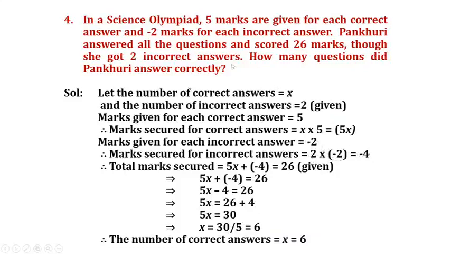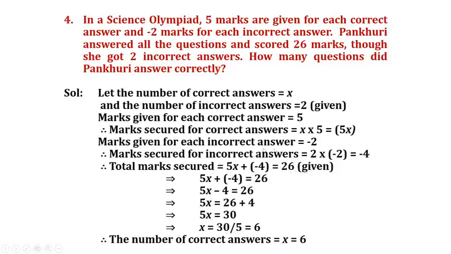Also given, the total marks she got is 26. So 5x plus of minus 4: the total marks for correct answers plus total marks for incorrect answers is equal to 26, the total marks she got in the exam. So 5x plus of minus 4 is equal to 26 is given.